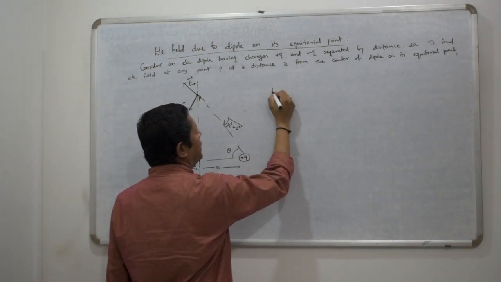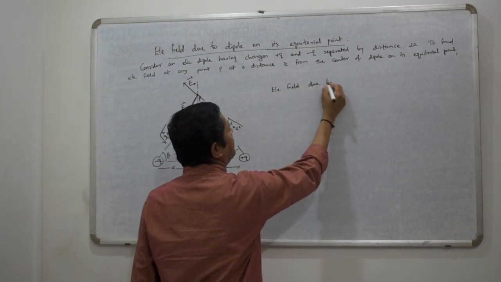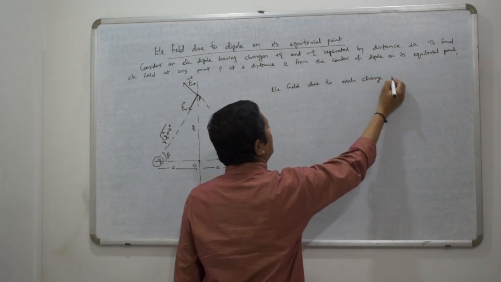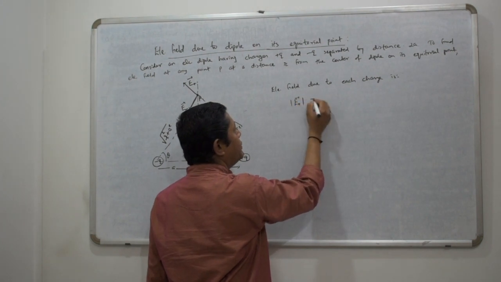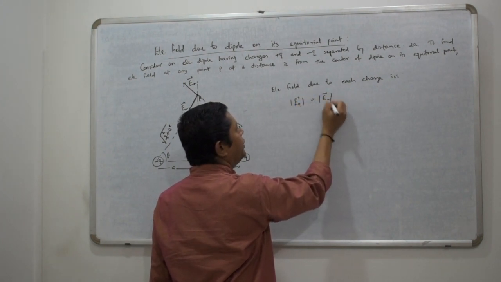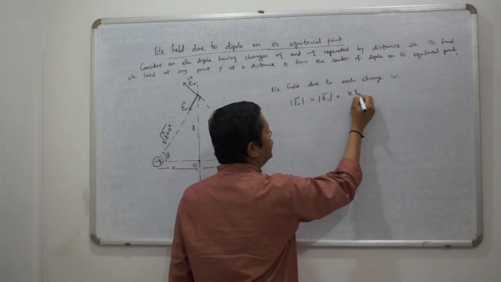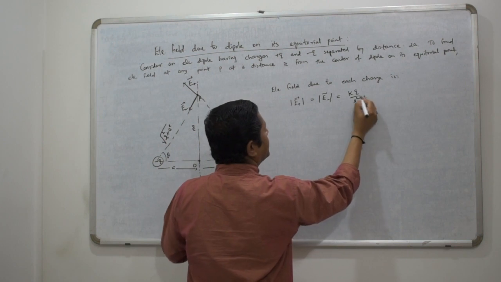Therefore, we can write electric field due to each charge, magnitude of electric field due to positive charge or magnitude of electric field due to negative charge, it is equal, and that is equal to kq by (r square plus a square).